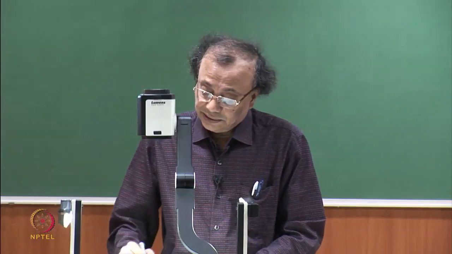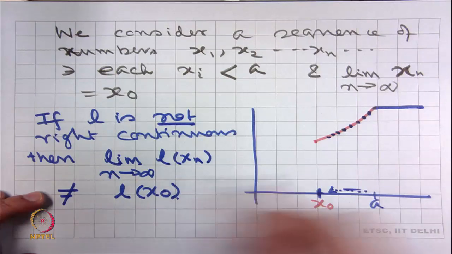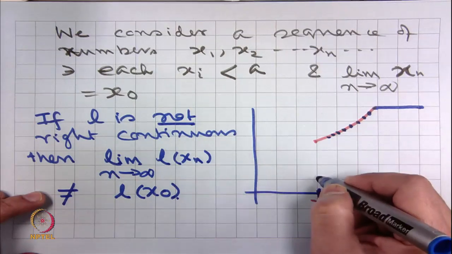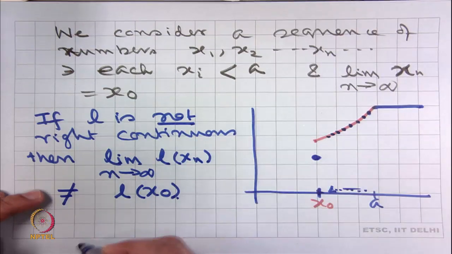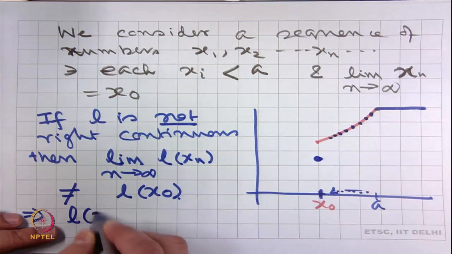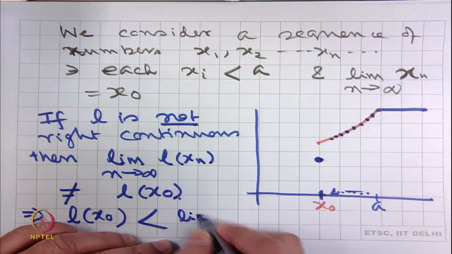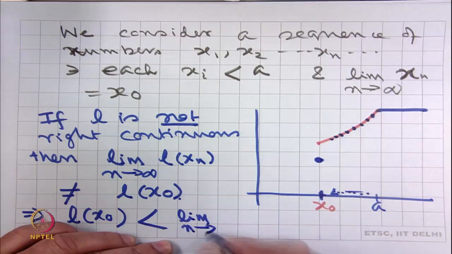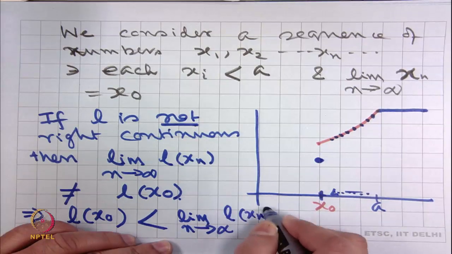And since L is monotonically non decreasing, the value at x naught is going to be somewhat less, which implies that L at x naught is less than the limit as n goes to infinity of L of x n.